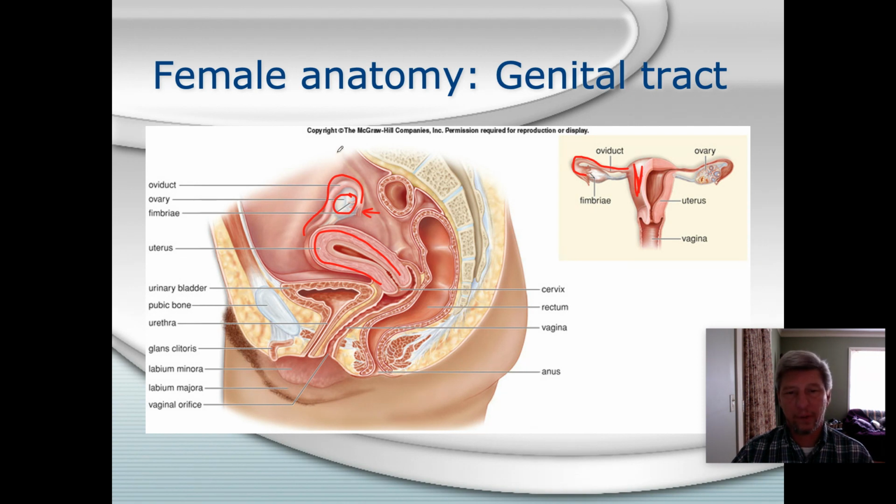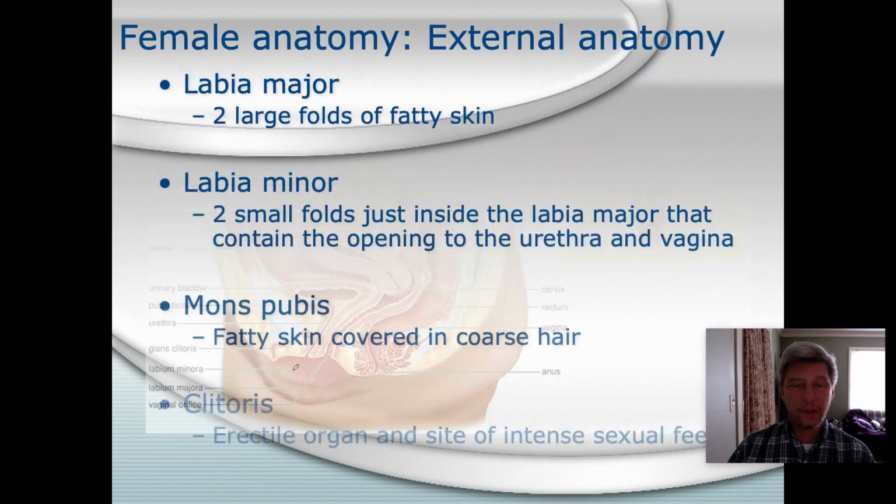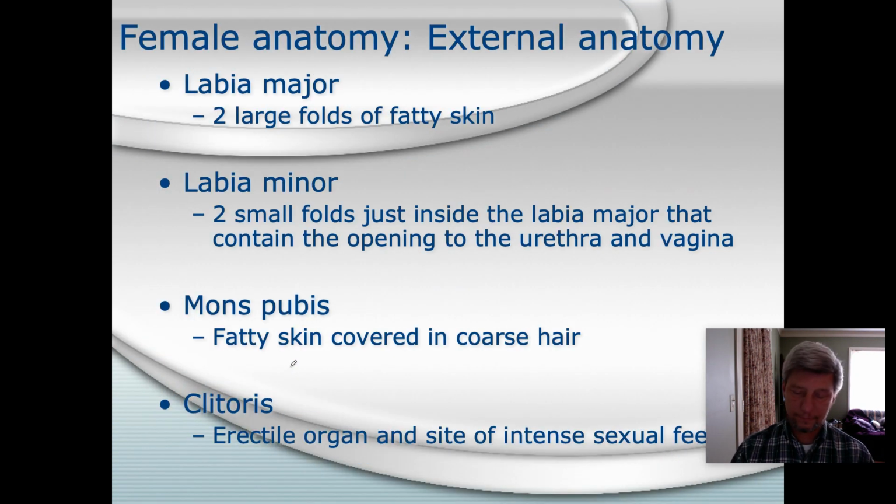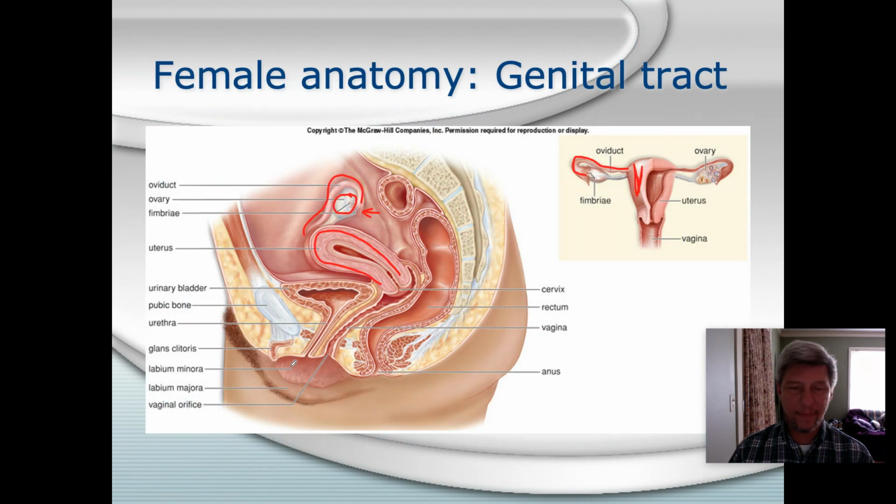So it's really only the front portion of this that you need to be concerned with in terms of the reproductive tract. Now, the external anatomy in females, you have very sensitive mouths. This here is called the labia minor. On the very outside is called the labia major.